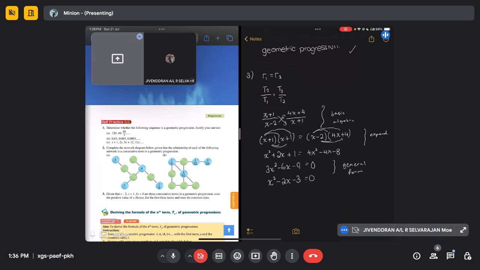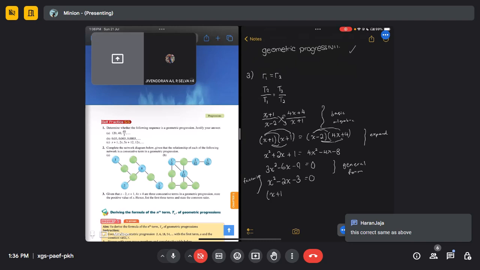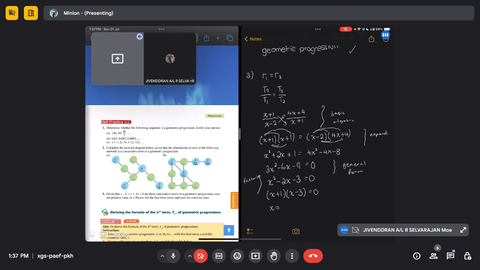And then you can factorize this into brackets, okay? Please don't forget to put your equals 0 because it's part of the working. Sometimes your teacher will deduct marks.